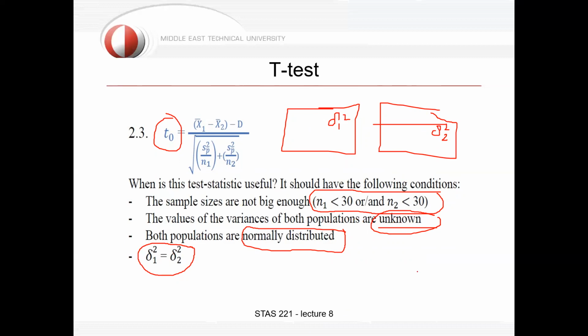Usually such a case happens when these two populations were derived from the same population. It's like first you have just one population like this, then you try to partition your population.